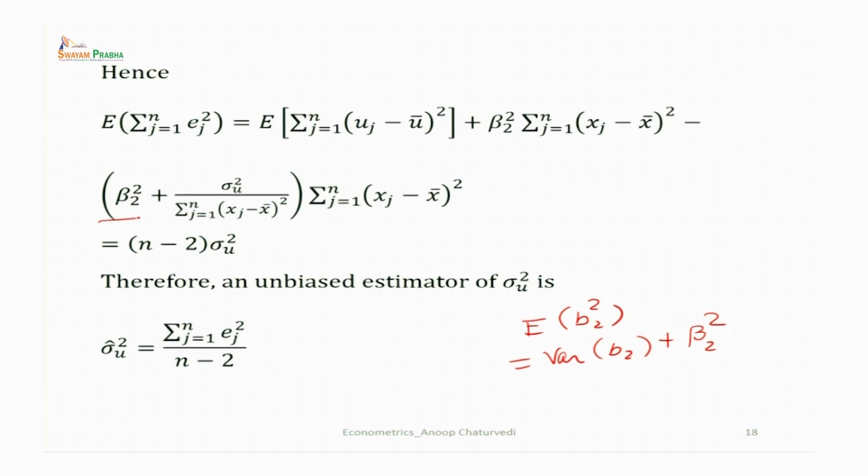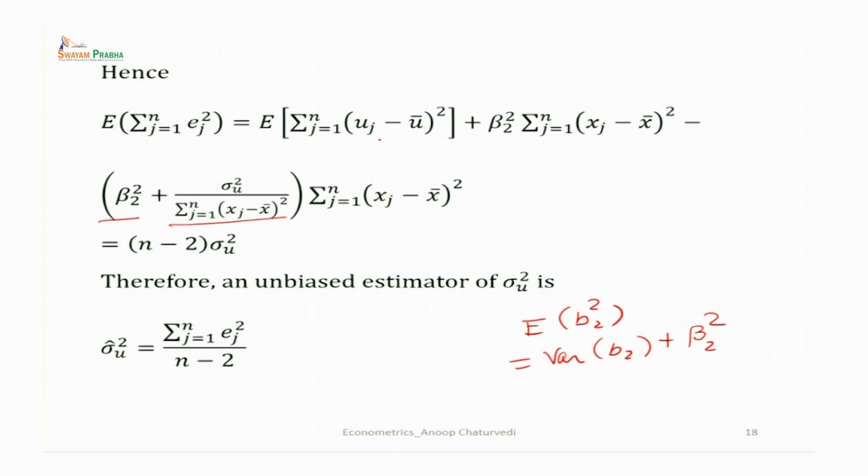So, you get beta 2 square here plus this is the expression for variance of B2 into summation x j minus x bar square. And then you can easily simplify it.